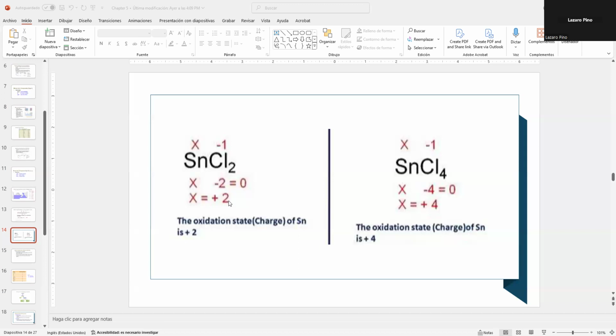In this case, tin has charge +2, so it will be tin 2. In this other case, X plus 4 times -1 is X minus 4, and the sum is 0. We can find that X, the charge of tin, is +4. Then, in this case, we are in front of tin 4.